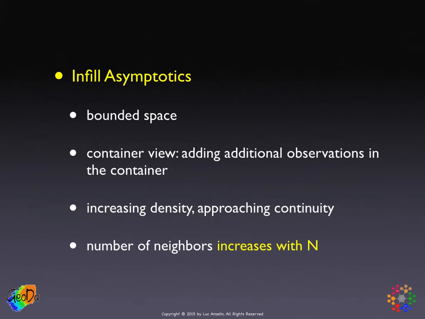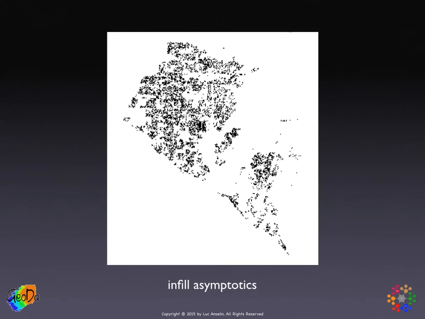For example, if you define neighbors as those observations within a given distance range, then as you put more and more of these observations in the container, there will be more and more of them in the distance range, so the number of neighbors will increase. The example I have of this is the location of housing units in Orange County, California.